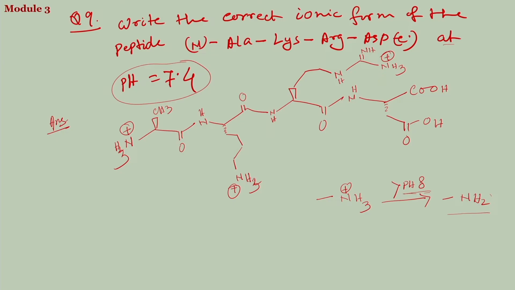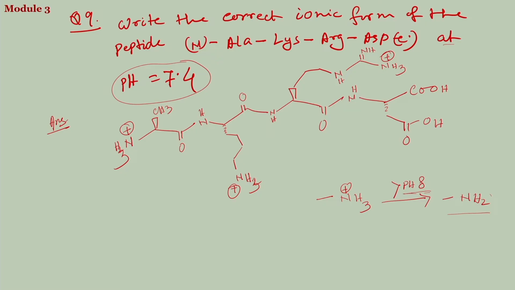They will all exist as the protonated form, the positive charge form. Now, what about the other side chains? Alanine does not have acidic or basic side chains, so no problem here. This is lysine, this is arginine, and this is aspartic acid, which has a carboxylic acid as the side chain.